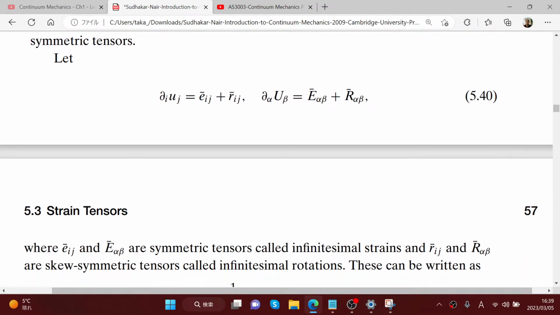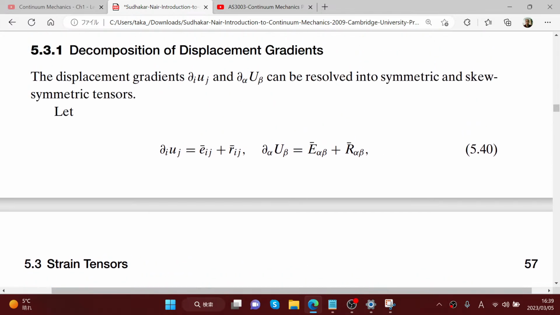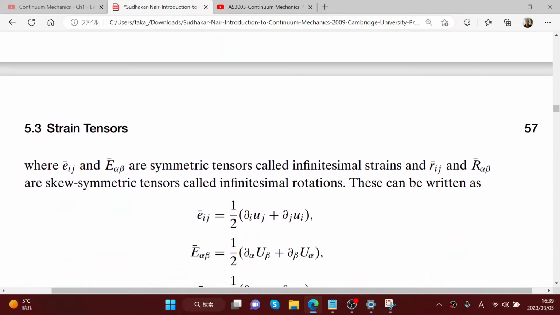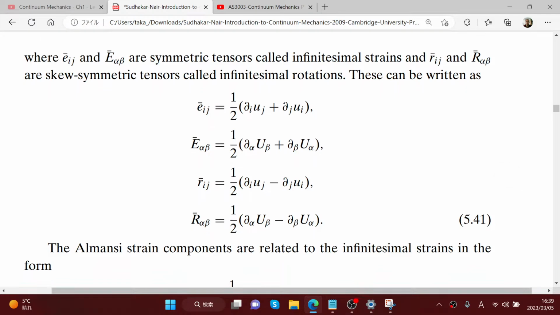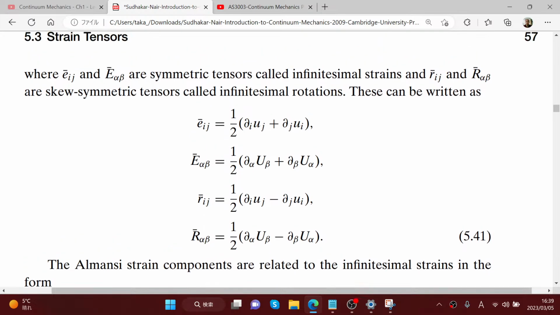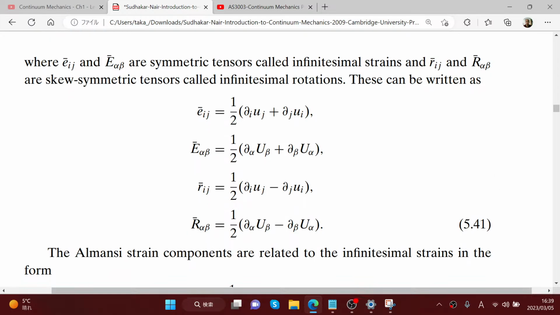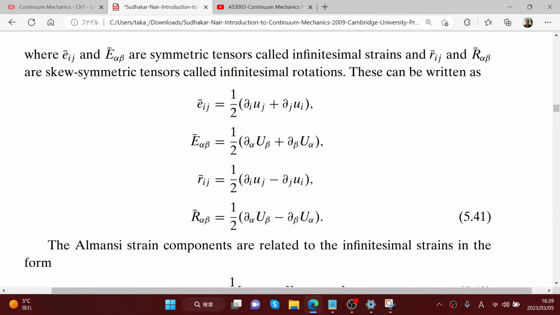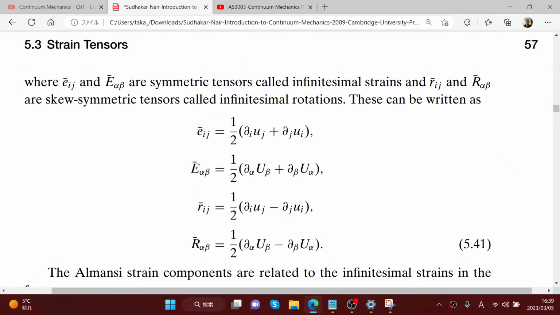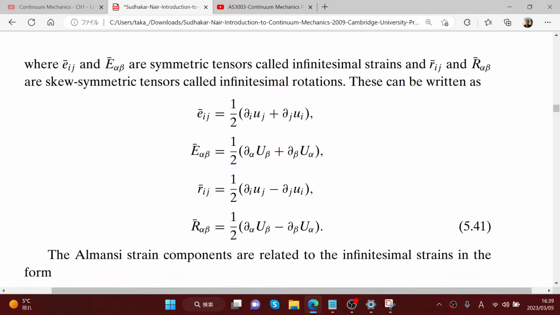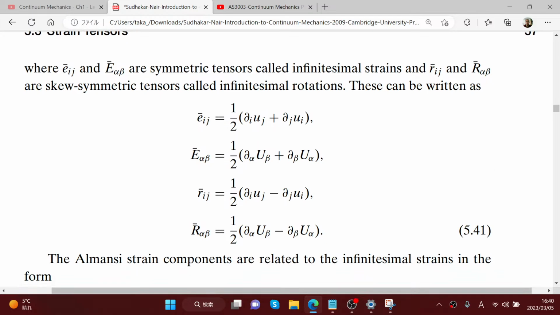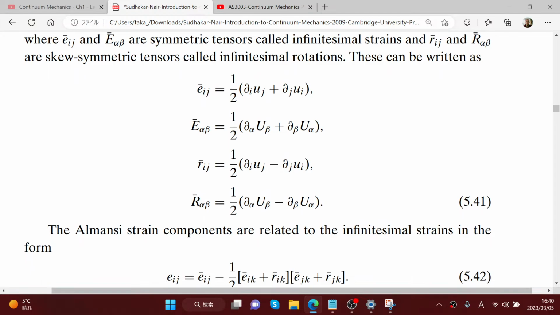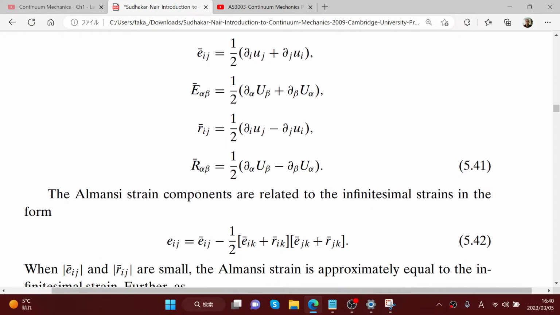Let something like this, where Eij and E alpha beta are symmetric tensors called infinitesimal strains, and Rij and R alpha beta are skew-symmetric tensors called infinitesimal rotations. These can be written as this.